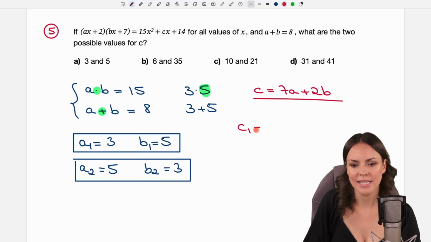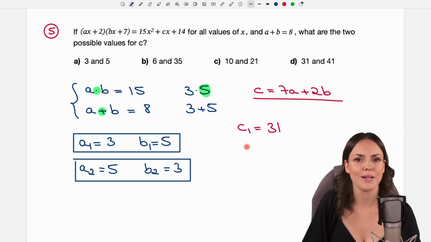Our first c would be 7 times a. So 7 times 3 equals 21, plus 2 times b. 2 times 5 equals 10. So this is 31. And before I take a look at my second value for c, I can see that 31 is only in here, so I already know that this is the correct answer.